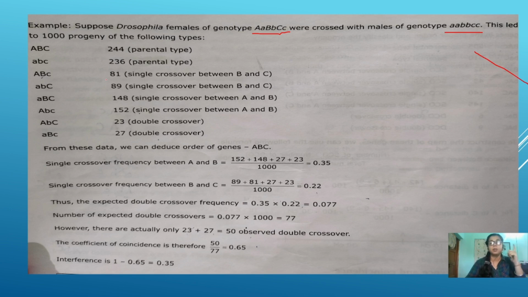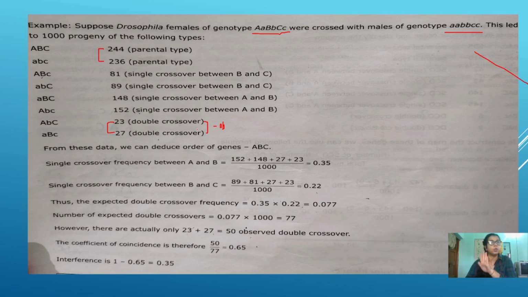Once again I am repeating the trick: first you need to find the highest number, which will be the parental type, and the lowest number is the double crossover, and here this double crossover is the observed double crossover. In the formula we discussed, observed by expected, the double crossover which we are observing in this experiment is the observed double crossover.